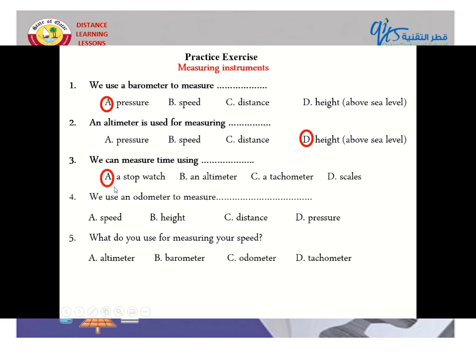We can measure time using a stopwatch. Number 4, we use an odometer to measure distance. And finally, what do you use for measuring your speed? Tachometer.